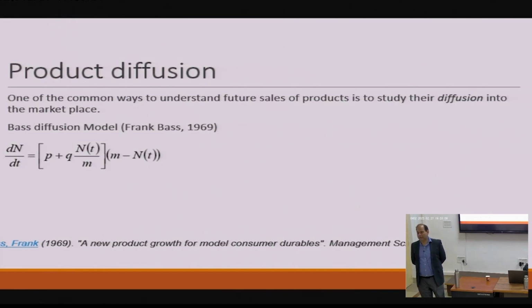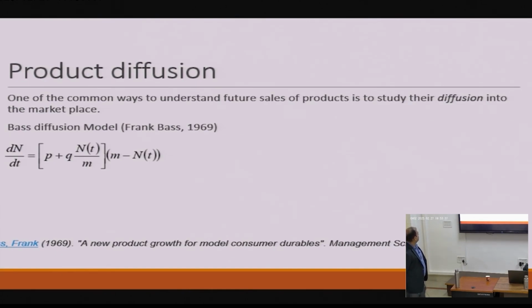Like I said, product development, to me, is the best way to learn systems engineering. If you're interested in product diffusion, start here. There's a lot of follow-up work done by researchers in product diffusion, right? So basically what it says here is that N is the total installed market base, right? How many people are currently owning the product? M is the market size.